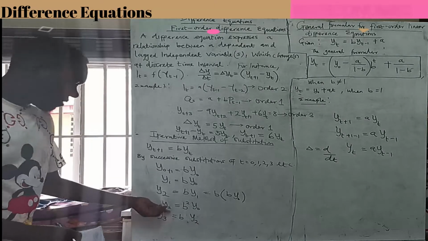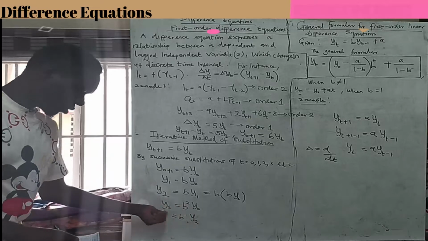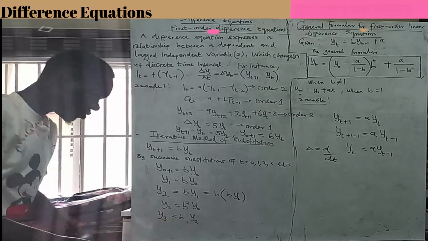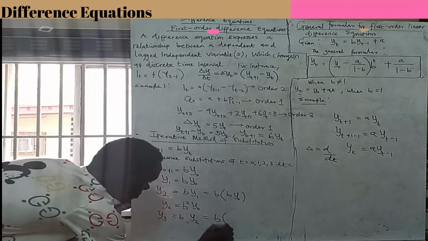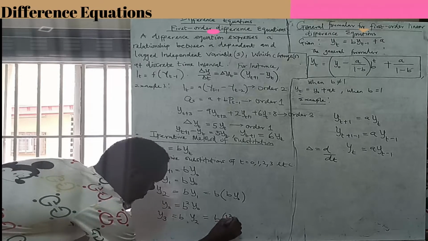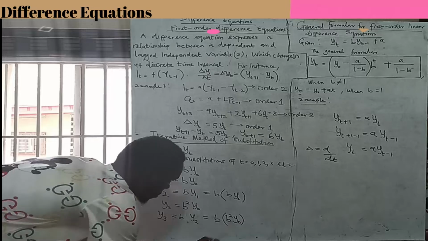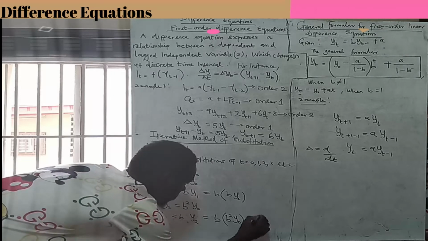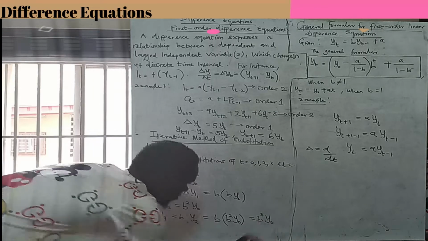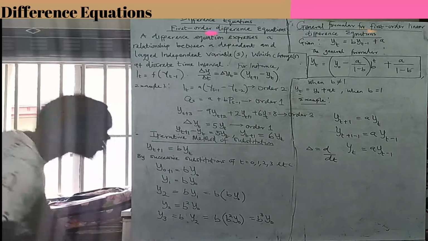But because in this case we already have a result for y subscript 2 to be this, we just simply substitute, then we have which again is and then we'll continue like that.